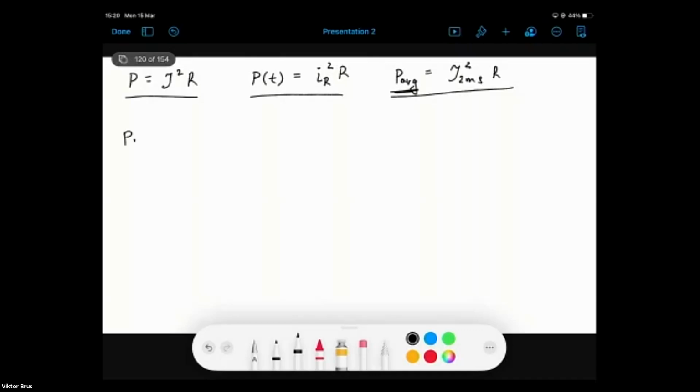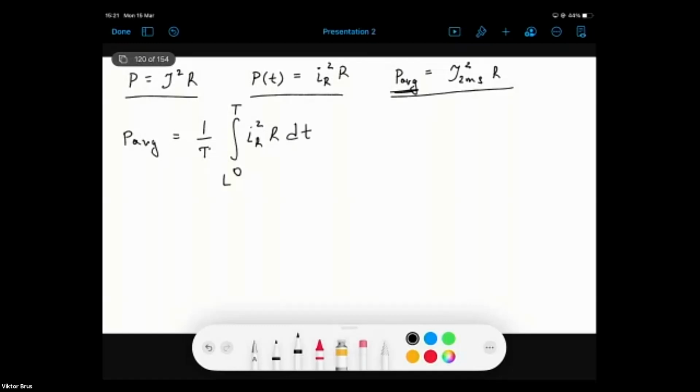So P average will be equal to 1 over T, where T stands for the period of this alternating current, times an integral from 0 to T, so we consider one period, and here is the product of I_R times R, so I_R squared, because we consider power, times dt.